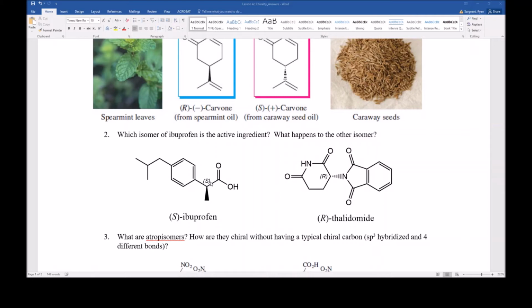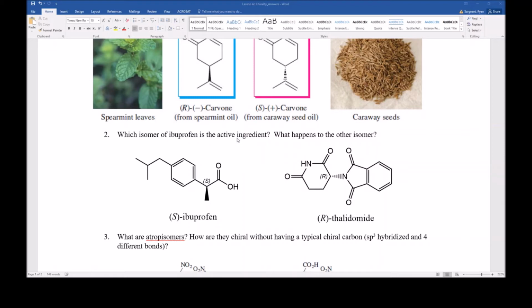And I'm not exactly sure what the mechanism of ibuprofen is, and I imagine a 15-second Google search could help me figure that out. But moving on, what I care about as an organic chemist is the fact that I don't have to clean up that synthesis. I put both S and R in the pill package, ship it off, and the customers actually thank you. So that's the answer to this question.